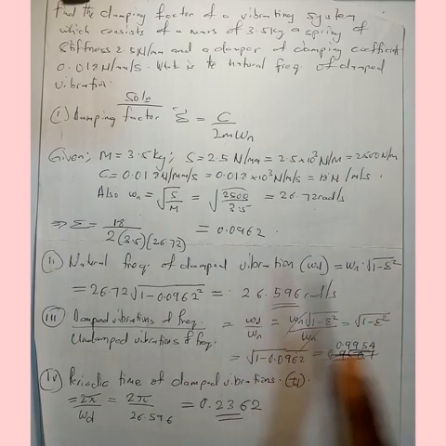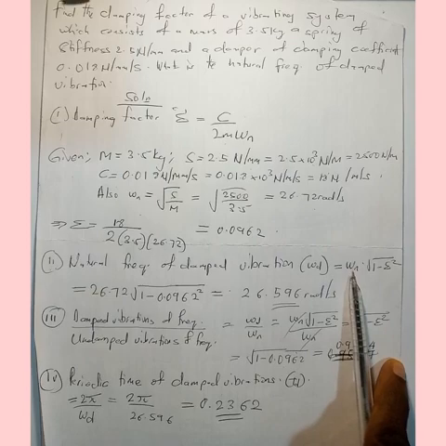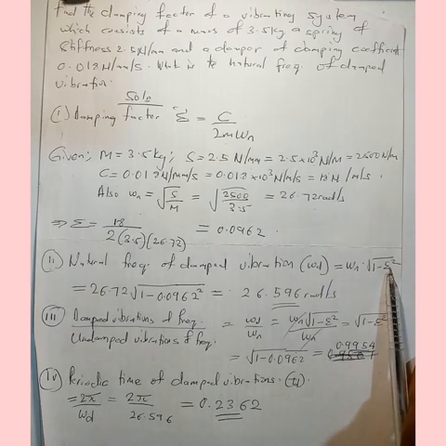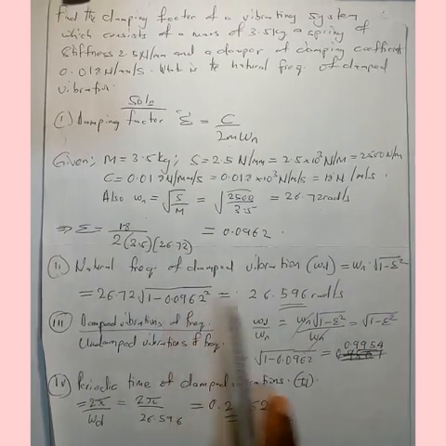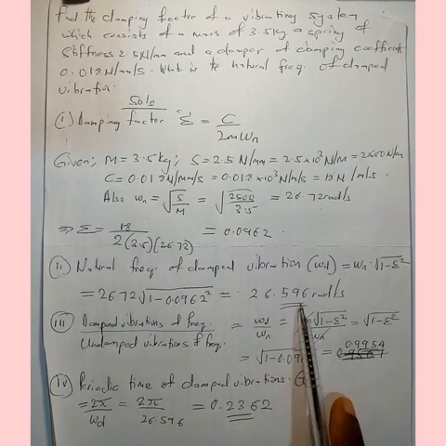Now we already know the natural frequency of undamped vibration. We also know the damping factor. So when we substitute, eventually our natural frequency of damped vibration is going to give us 26.596.